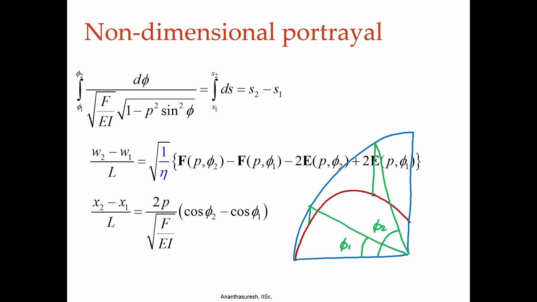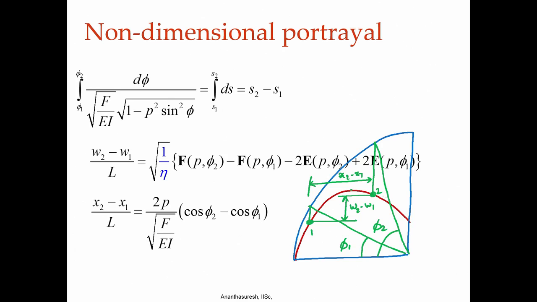Then W 2 minus W 1 is the distance between this and this, and likewise the horizontal distance from here to here would be x 2 minus x 1, by taking 2 points, one over here, another over there.